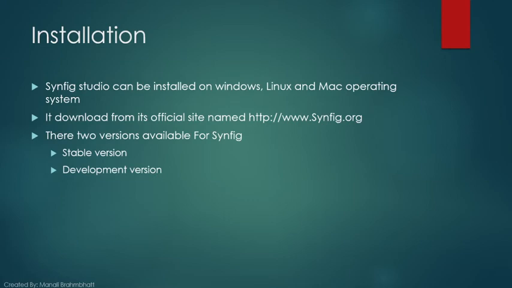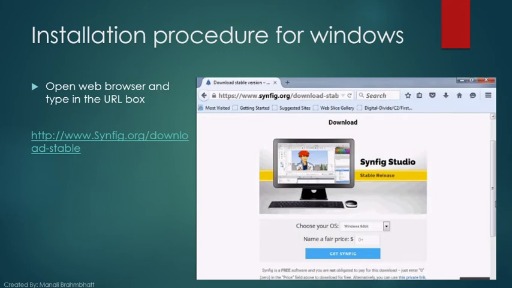Let's talk about the installation procedure for Windows. So for that you have to open your web browser and type in your URL box www.synfig.org/download-stable, and press enter.